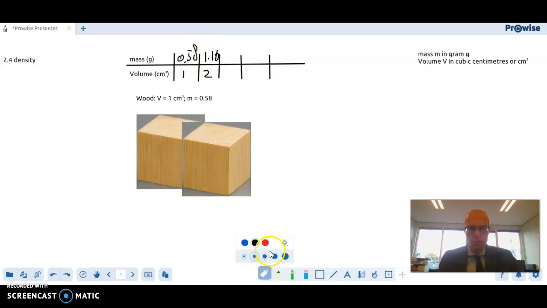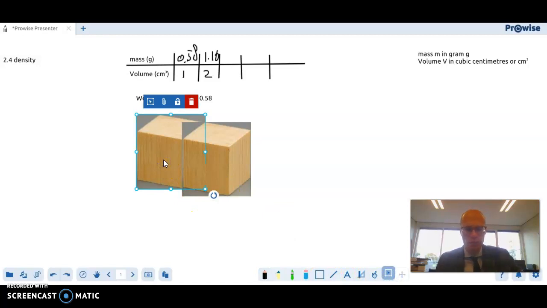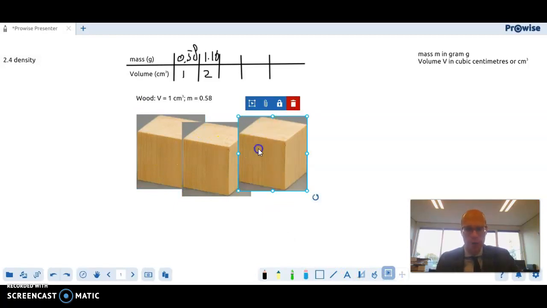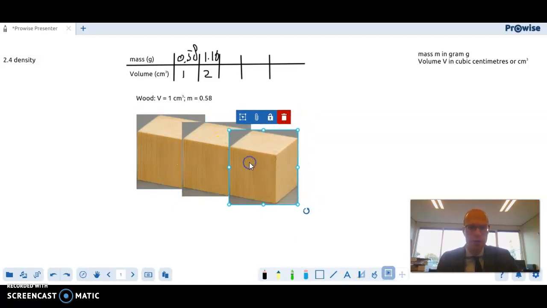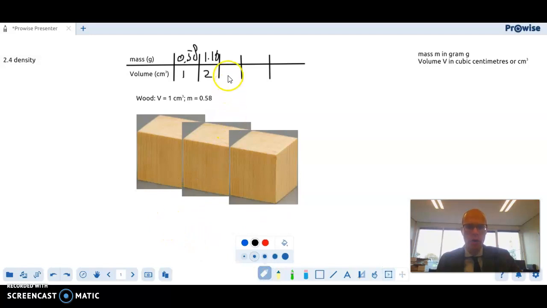And I'm going to do the same thing again, and then I have a new object, and it's formed out of 3 cubes, and each cube has a volume of 1, so it is a total volume of 3. And then the mass is 3 times the original mass because we have 3 identical objects.